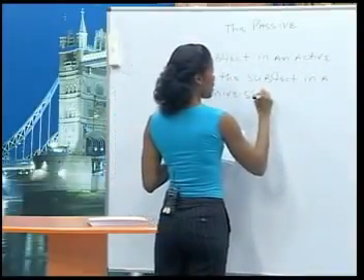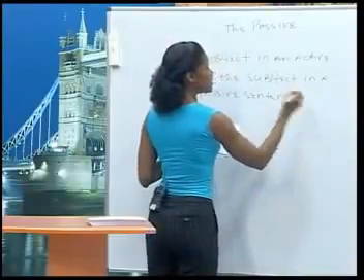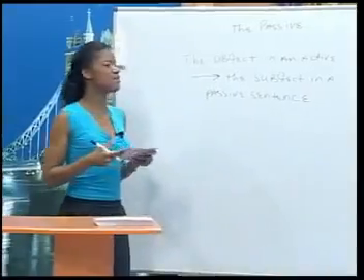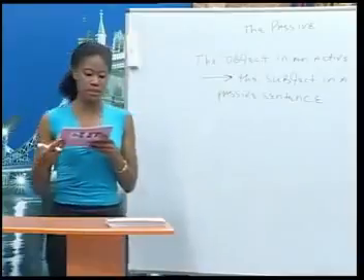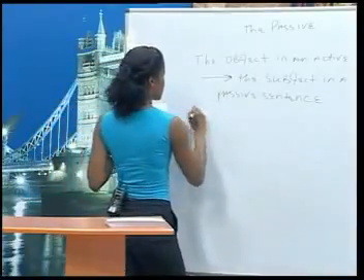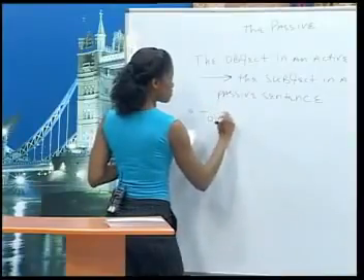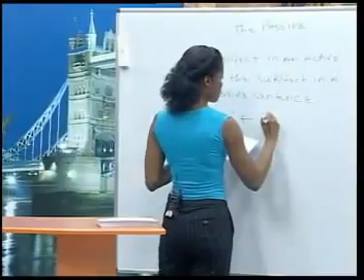So it gets turned around. In an active sentence, the focus is on the subject, but in a passive sentence, the focus is on the object. Okay, the form for all passive verbs is the verb to be plus the past participle.